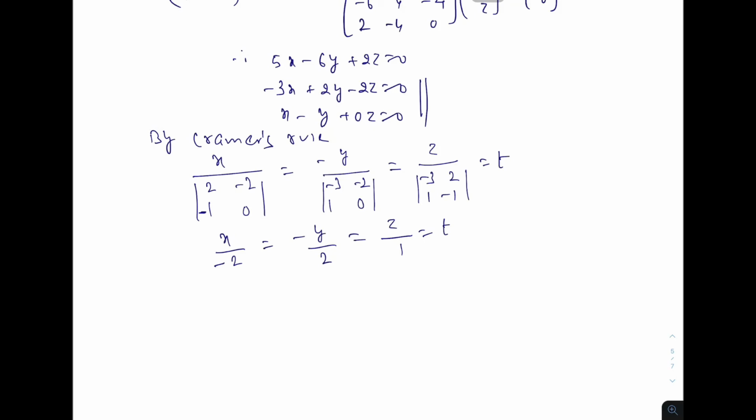Okay, for y, coefficient of x, minus 3, minus 2, 1 and 0, so this is 0 and minus minus plus 2, so that is correct. For z, coefficient of x and y, so that is minus 3 and 2, and this is 1, minus 1, so that is correct. So this one is 3 minus 2, so that is 1.